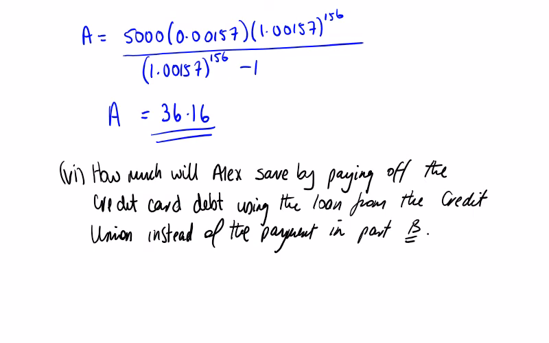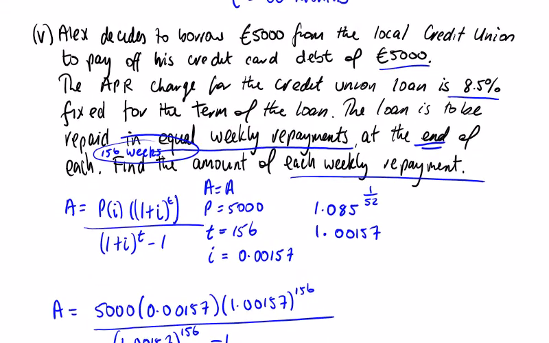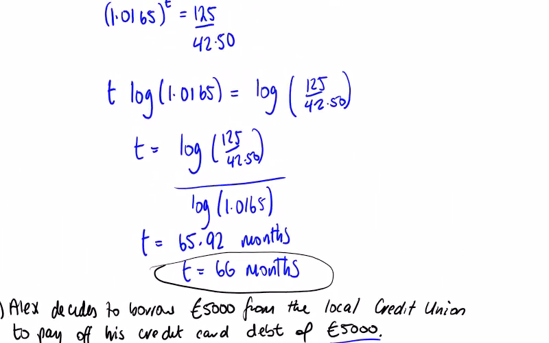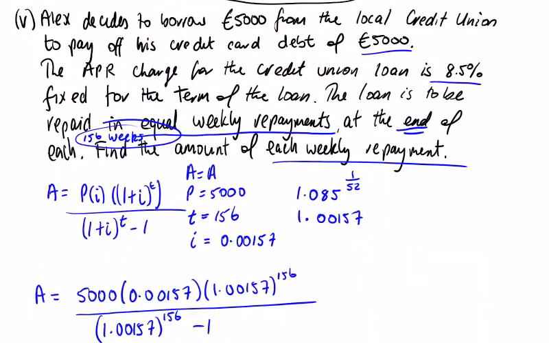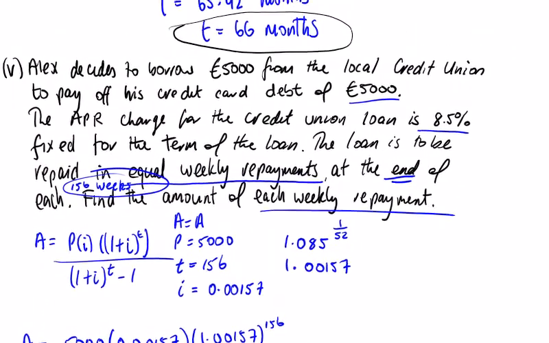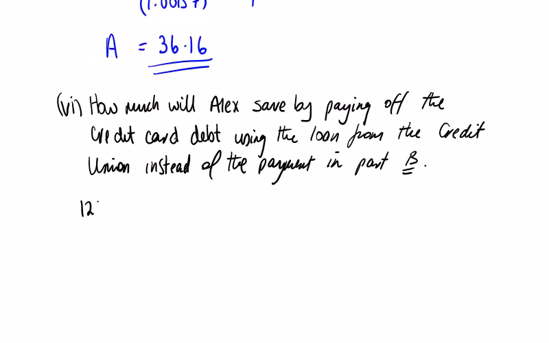Part 6, how much will Alex save by paying off the credit card debt using the loan from the credit union instead of the payment in part B? Okay, what do we have in B? We had 66 months and that was 125 a month fixed payment, wasn't it? Yeah. So 125 for 66 months, just double check. 125 for 66 months is equal to 8250, and we have 3616 a week for 156 weeks.